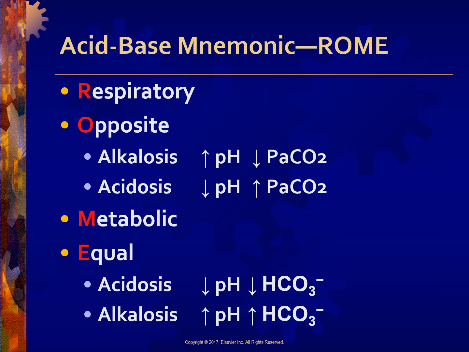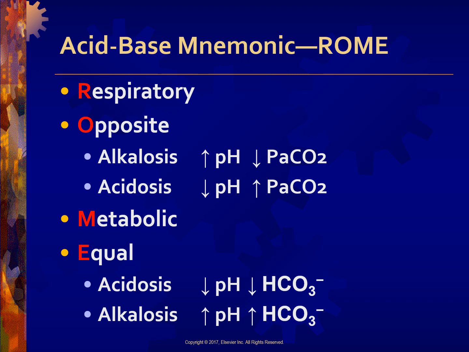So this is a good mnemonic to remember. Think of ROME. Like we said before, if you have respiratory alkalosis, the arrows are going to be pointing in opposite directions. Alkalosis, the pH is going to be high and the CO2 is going to be low. Respiratory acidosis, the pH is going to be low and the CO2 is going to be high.